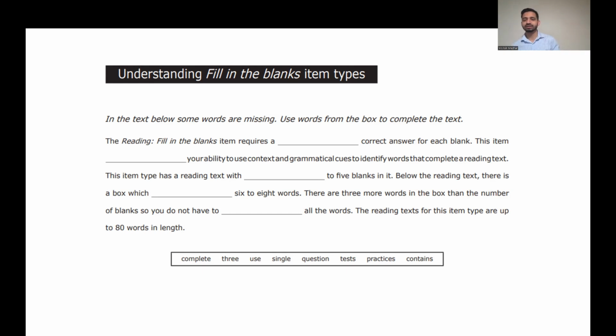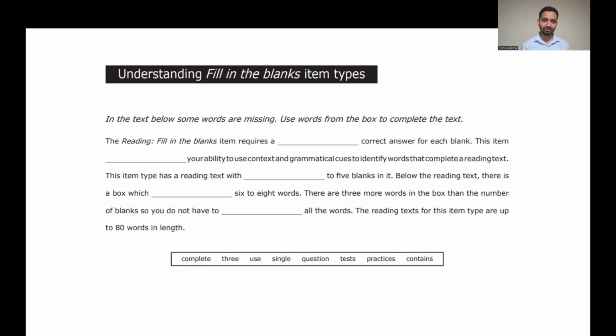So if you look at this one, this item, what ability? So your ability, that means you're looking for a verb, isn't it? You're looking for a verb. So what are the verbs here? This item type, use your ability to use contextual grammatical cues. It doesn't make sense. So yes, you know that the word choice here is a verb, but it doesn't make any contextual or logical sense here.